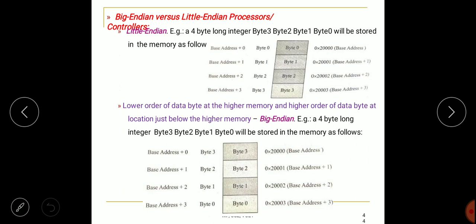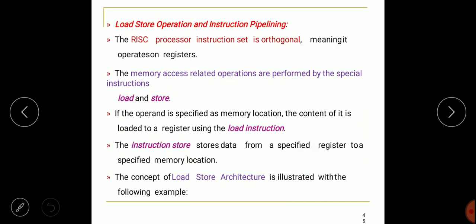Next we'll discuss the load and store operation and instruction pipeline. In module 1 we discussed the load and store instruction in detail. Similarly here also we can discuss it, and you can read the slides, the points are given here.